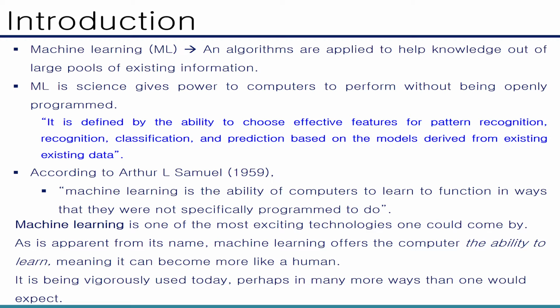It is being used variously today, perhaps in many more ways than one would expect. So that means he defined that the computer has the ability to learn, meaning it becomes more like a human, like us. What does this mean?